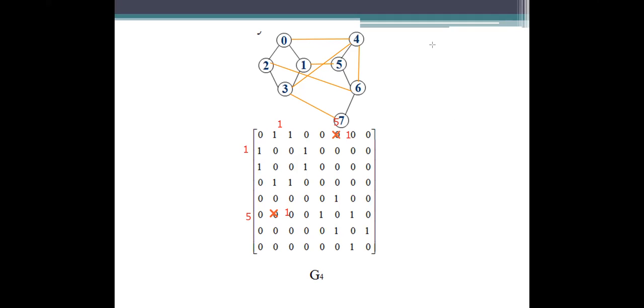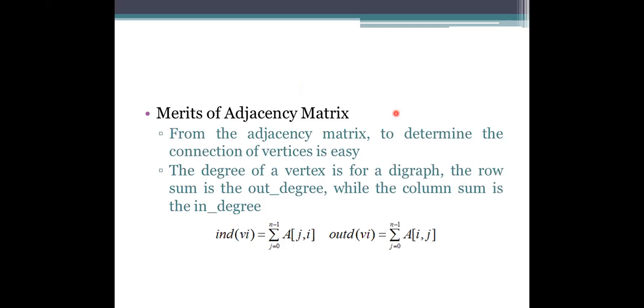And coming to the advantages or the merits of this processing, an user can easily get the information about this. What are the connected vertices of this graph we will come to know. And the in degree and the next out degree will be specified here.